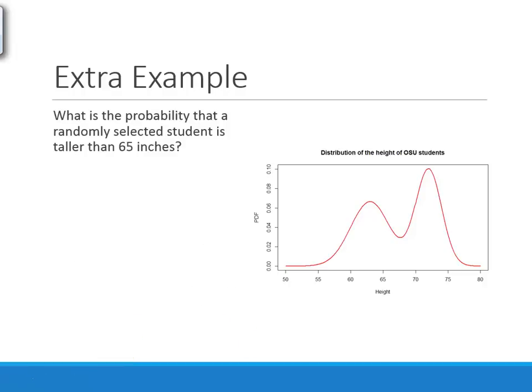So what's the probability that a randomly selected student is taller than 65 inches? I want the probability that x is bigger than 65.